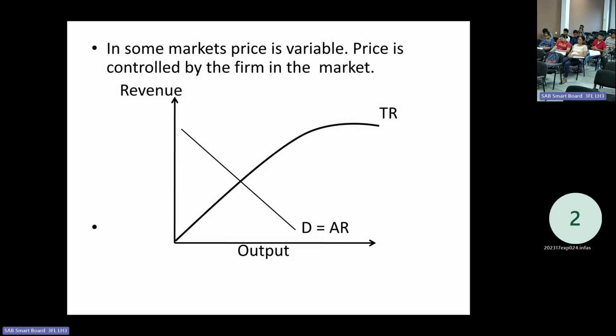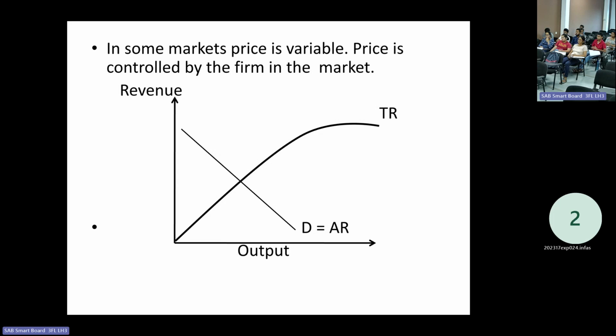If the price is decided by the monopoly firm, demand for that product depends on the market demand. And by limiting the supply, the firm can raise the price, because once they limit the supply, there will be a rise in the price.